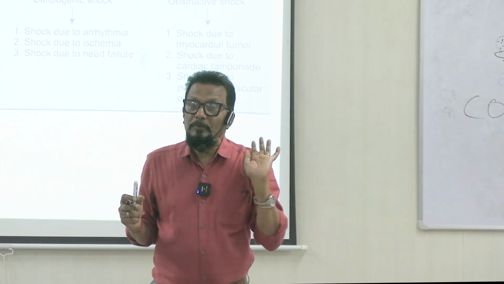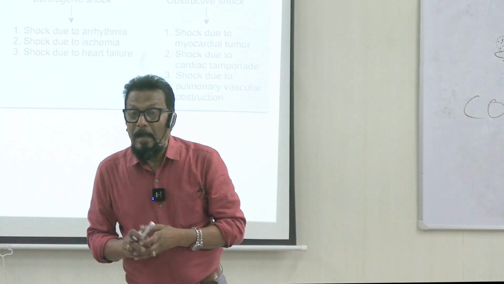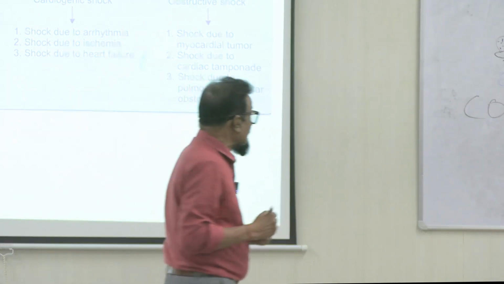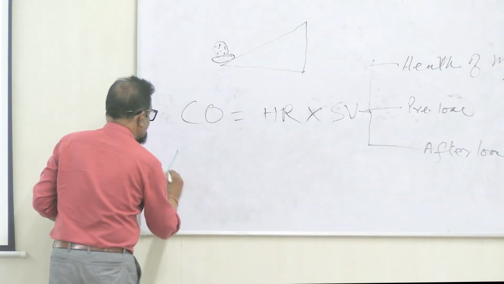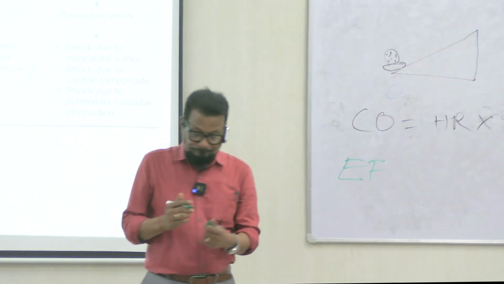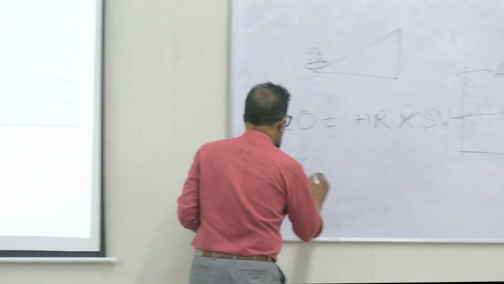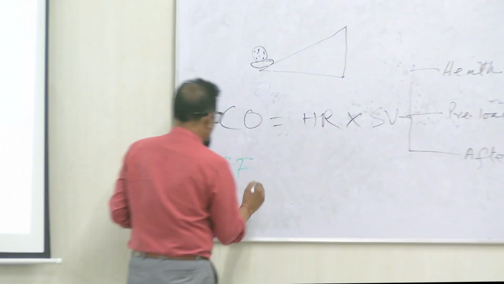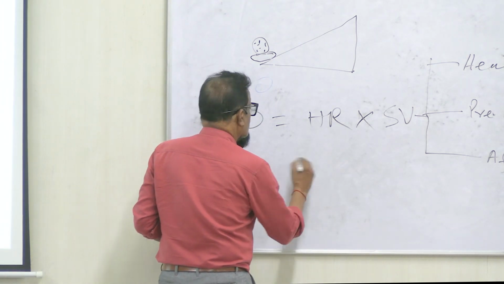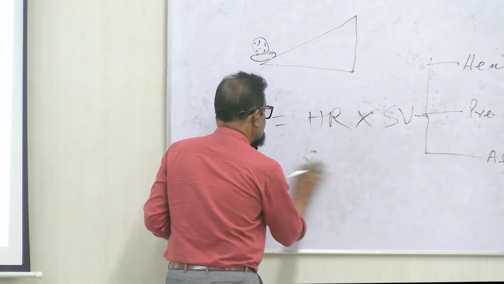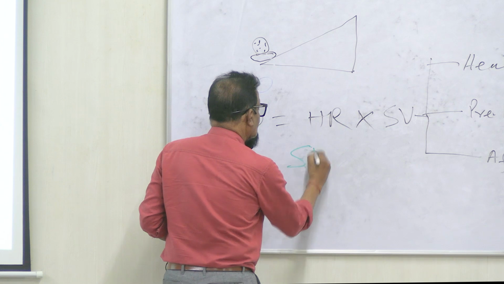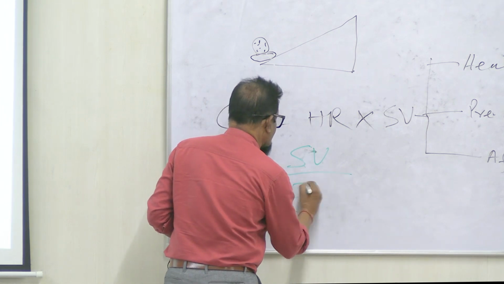Usually how efficient your heart muscle is, is determined by the ejection fraction. What is ejection fraction? Ejection fraction is stroke volume divided by end diastolic volume.